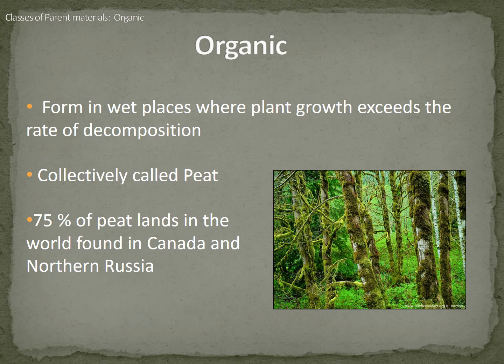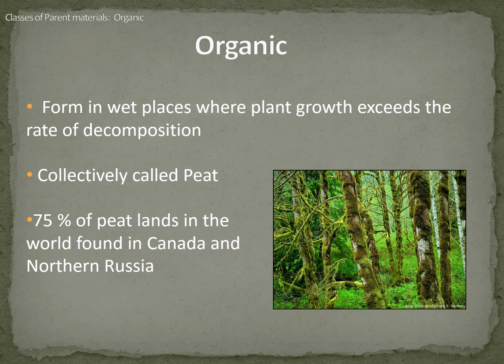Organic material is formed in places where it's very wet and the plant growth exceeds the rate of decomposition. So basically, plants are growing faster than they're dying out and decomposing. And so you get this giant collection of plant material that we usually call peat.